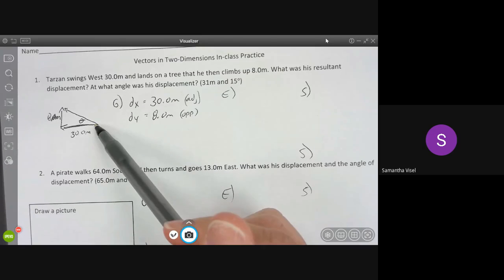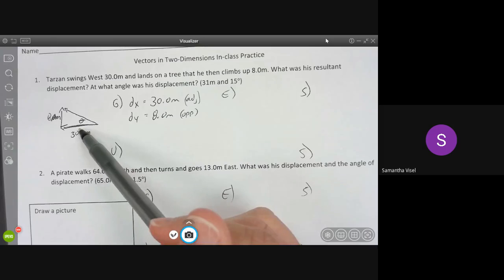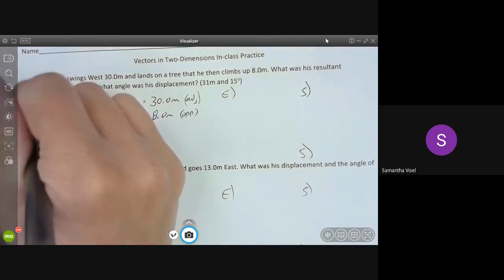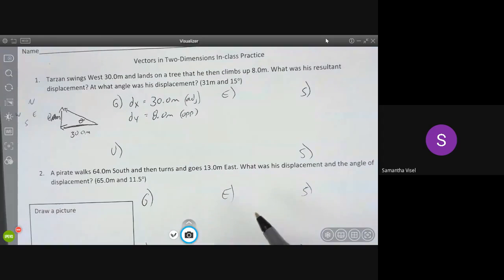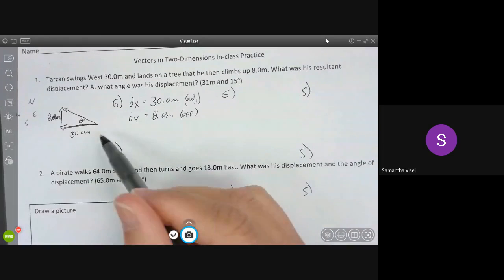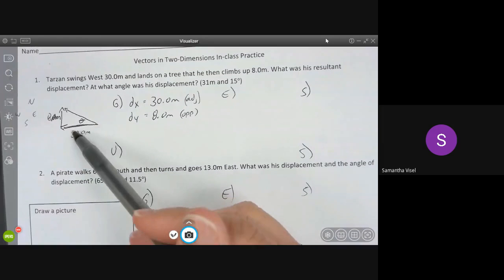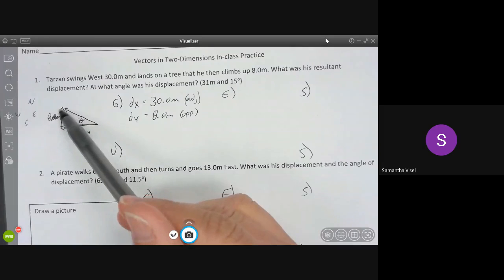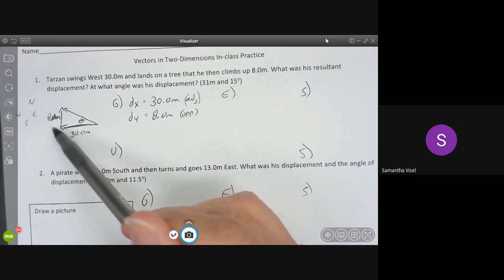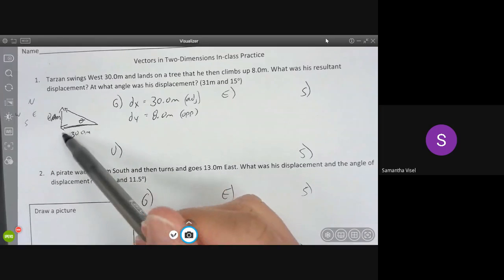If he's going west first, I'm going to go wherever the westward direction would be if I was treating this like a compass. So west first, then connecting tip to tail, going up a tree. Up is going to be the vertical direction, so I can draw my arrow pointing upward, like pointing toward the north.